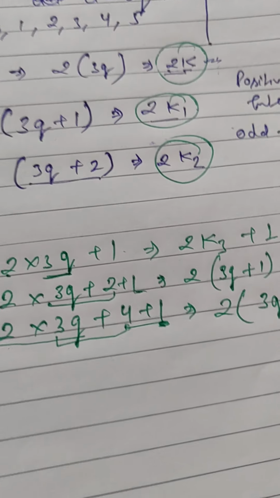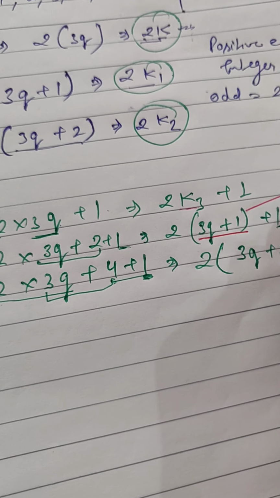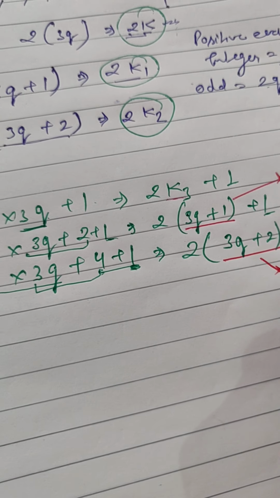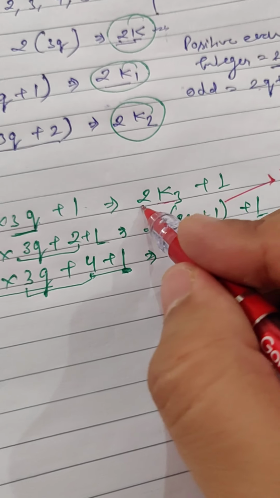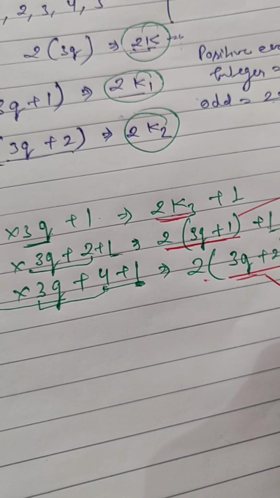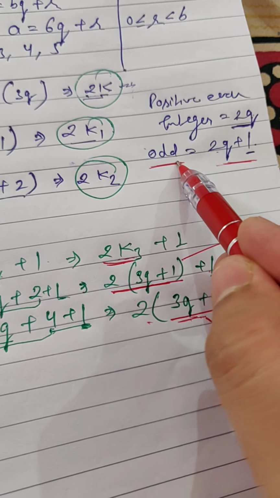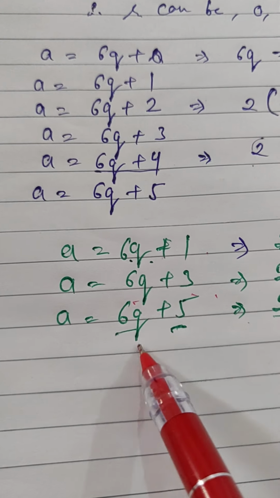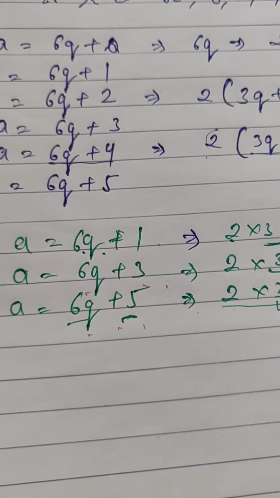So this particularly, 3q + 1 can be written as k4, 3q + 2 can be written as k5. But the point is, it is of the form 2k3 + 1, 2k4 + 1, 2k5 + 1. So all these are in the form of 2q + 1, which represents the odd. So we can say, yes, 6q + 1, 6q + 3 and 6q + 5 represent the odd positive integer.